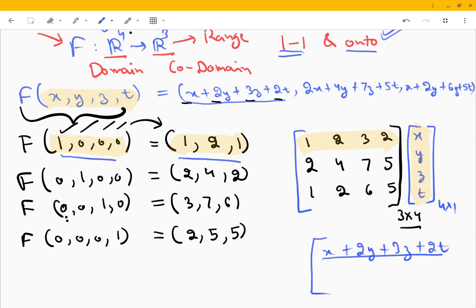Similarly, we'll get this 3 cross 1, with these 3 as the entries. So any vector in the 4-dimensional space is being operated on with this matrix, and we are getting a 3-dimensional vector out of it. This is what a linear transformation is.